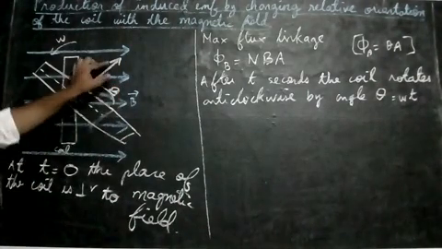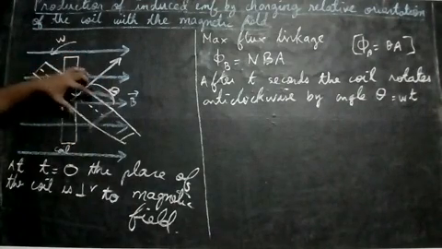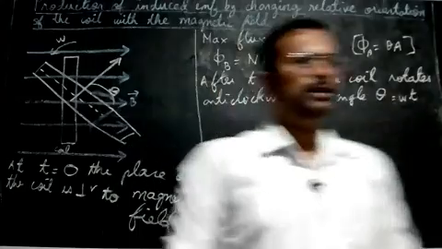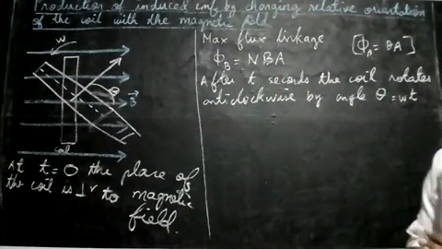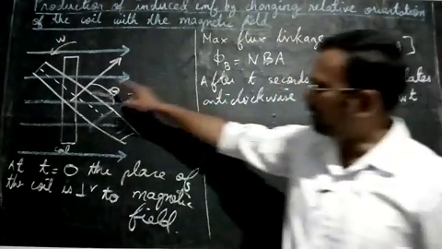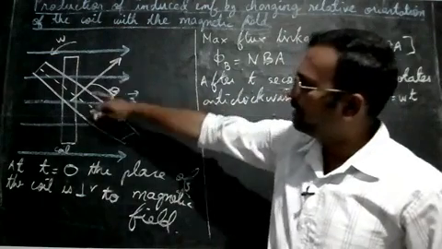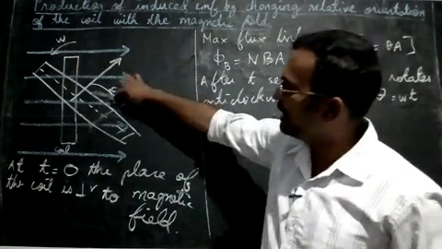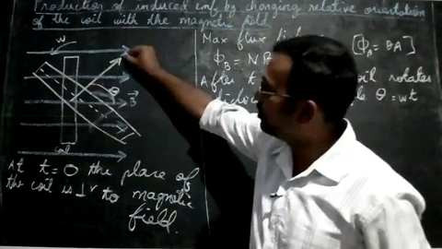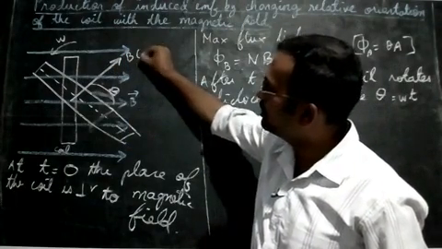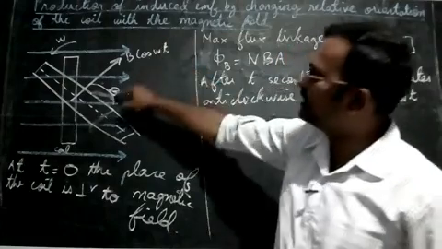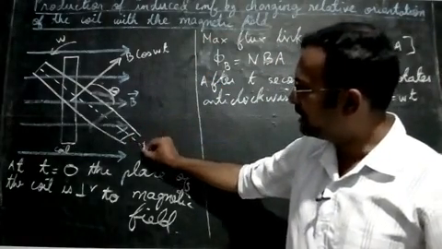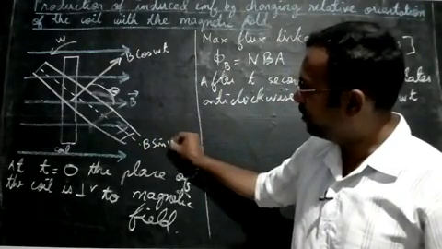Now what will be this portion here? We can divide the magnetic field into two parts, horizontal and vertical components. With angle theta, the horizontal component is B cos omega t, since theta is omega t, and the vertical component is B sin omega t.